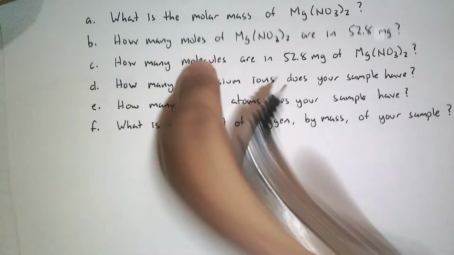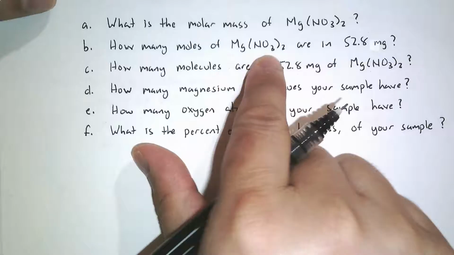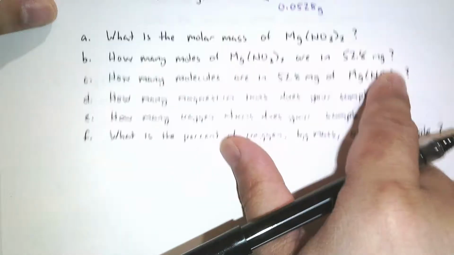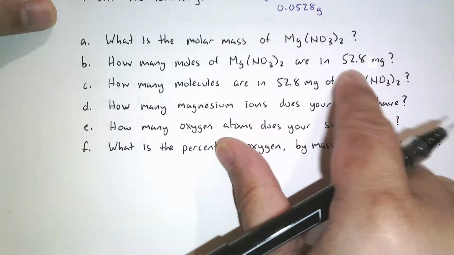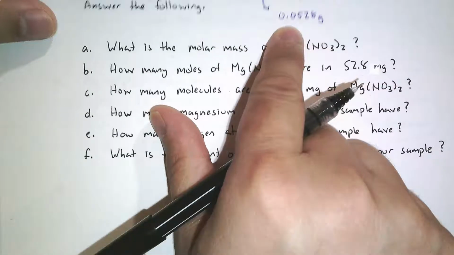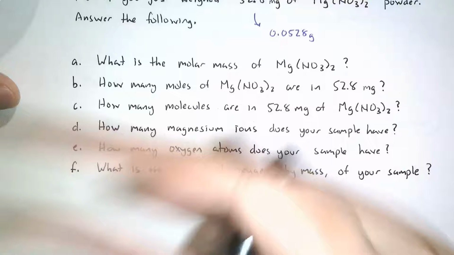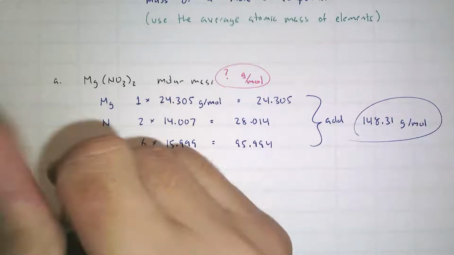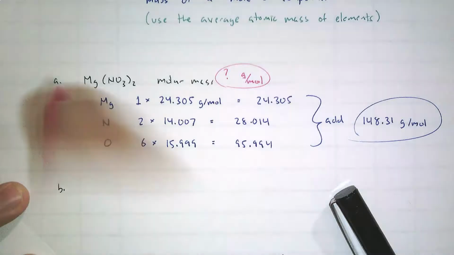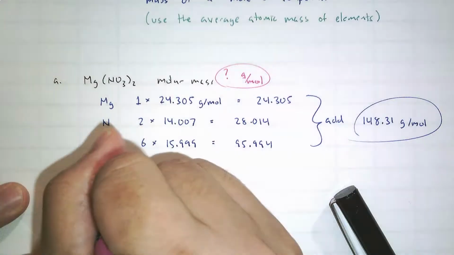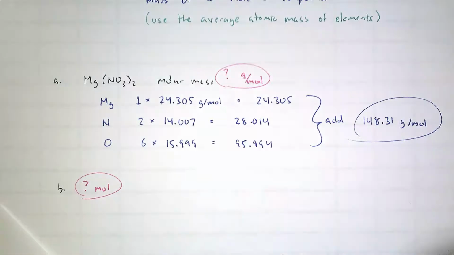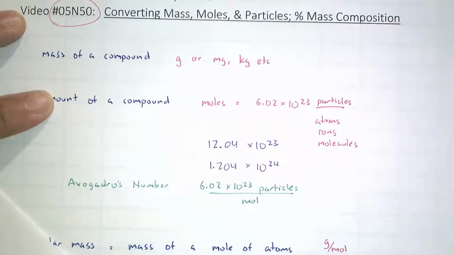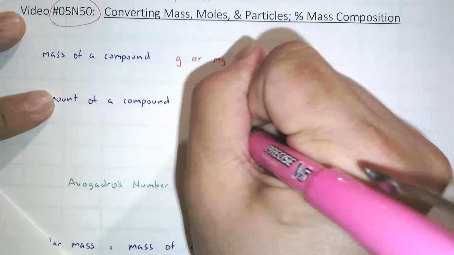Part B says how many moles of MgNO3 2 are in 52.8 milligrams. 52.8 milligrams is actually this. So now we're going to use dimensional analysis, because if I want to know how many moles, literally, we want the MOL. I never mentioned it, but for moles, the abbreviation, you could use MOL as well.